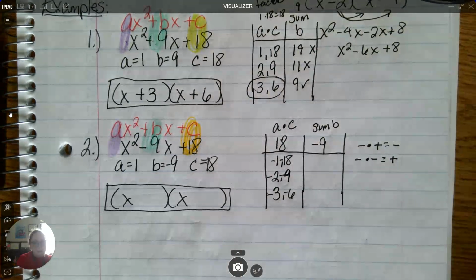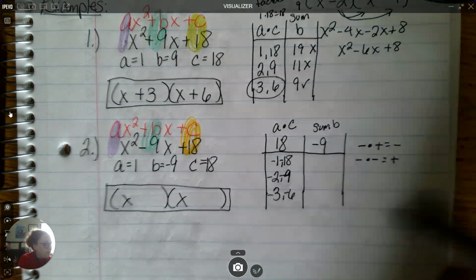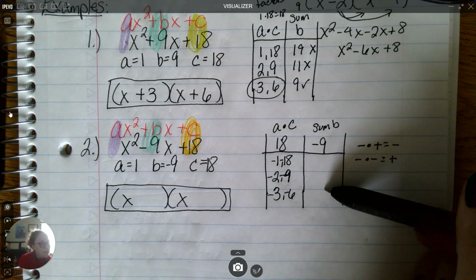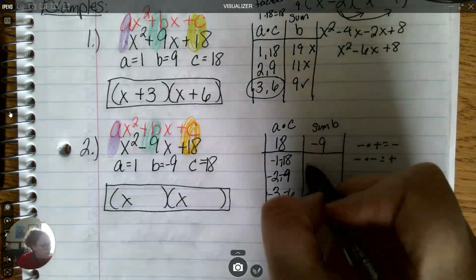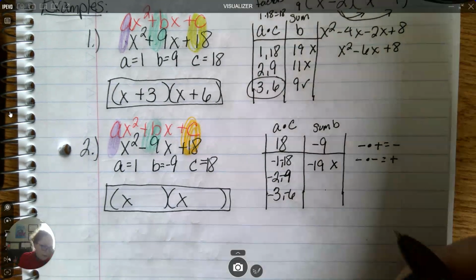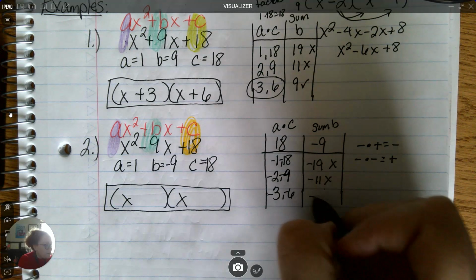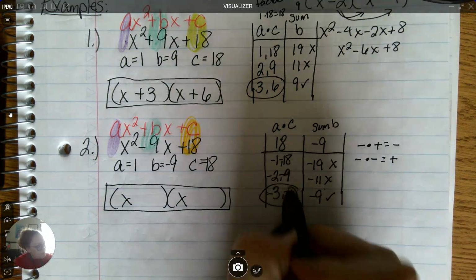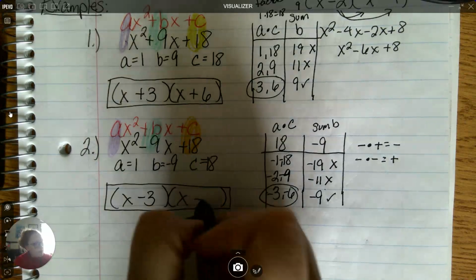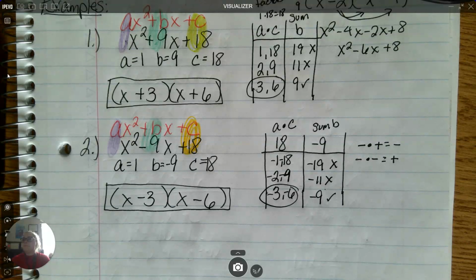And then I can just check which one fits the rule that, when I combine them, I get a negative 9. Obviously, it's not the first one. That would be negative 19, negative 11. There's my negative 9. So that tells me this is a negative 3 and a negative 6 in my answer.